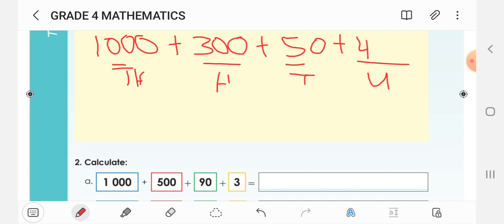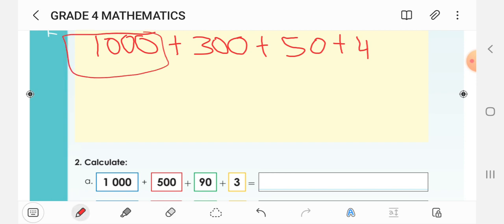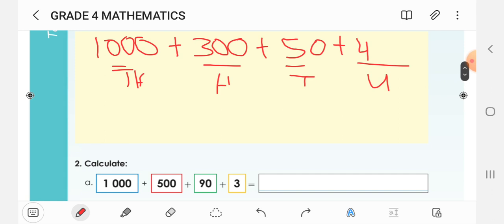So what is going to happen is that we are going to take the bigger number. Which one is bigger? Is 1,000, right? So we take 1,000 as the bigger number. And then we are going to look. Let's write it correctly.